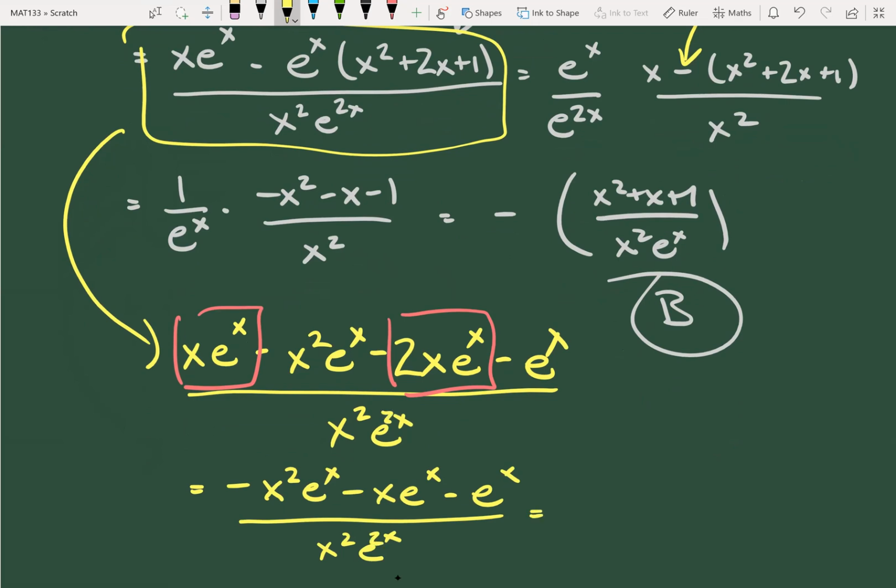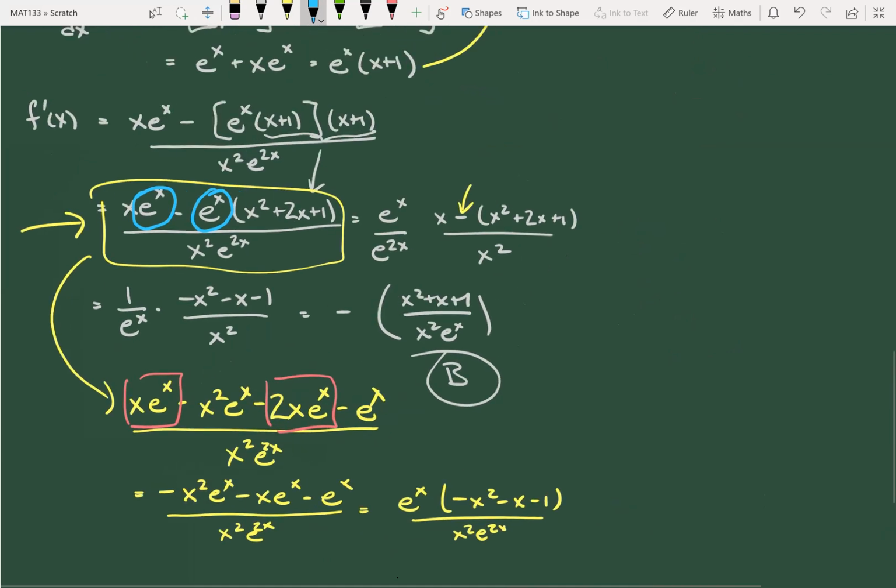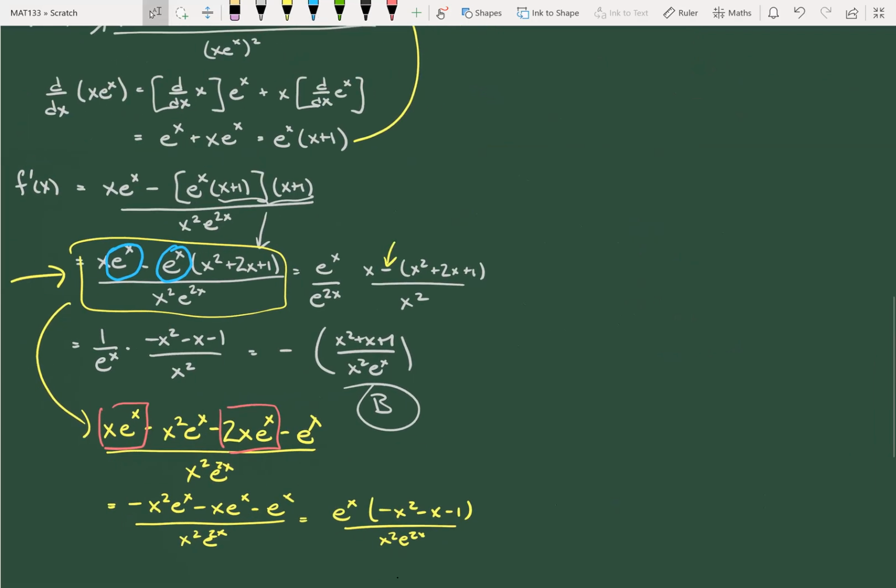So since everything has an e to the x in it, I'm just going to pull that out. But if we want to go back up here to this top line, basically there's an e to the x here, and there's an e to the x here. So I'm going to factor that out of both of the parts, and that's how I'm going to get my answer there.